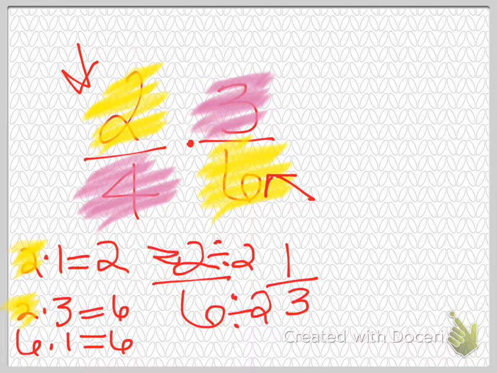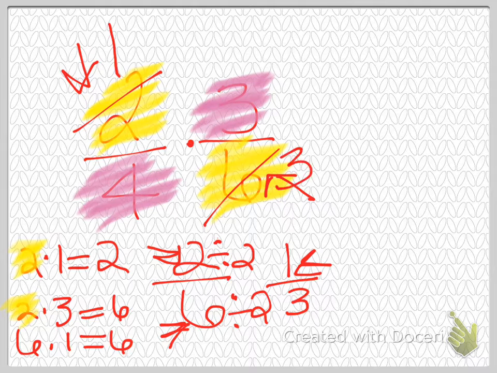Where the 2 was that you had before, you can cross that out and put a 1. It's just replacing it because that's the reduced value. Now, I have my 6, which is right here, so I can replace it with a 3, which is right here.